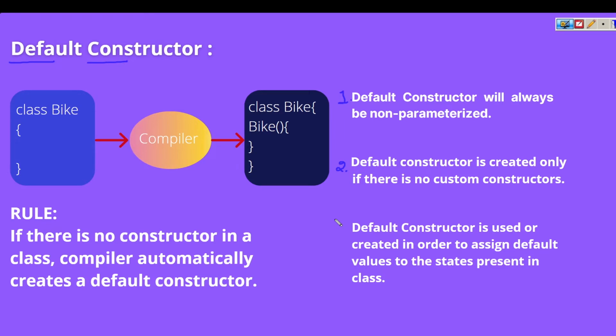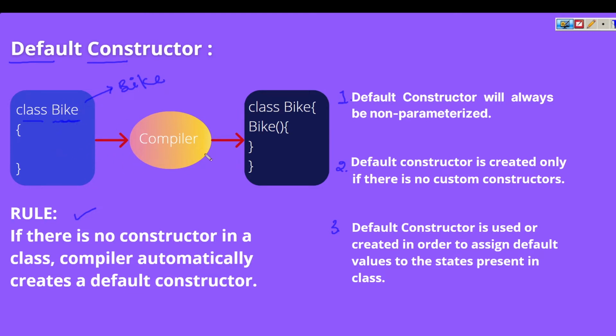If you see the example above, there is a class Bike. Here, there is no constructor created. In the previous slide, we have seen that the constructor name should be the same as the class name. So in order to create a custom constructor, the name of the constructor should be the same as that of the class name.